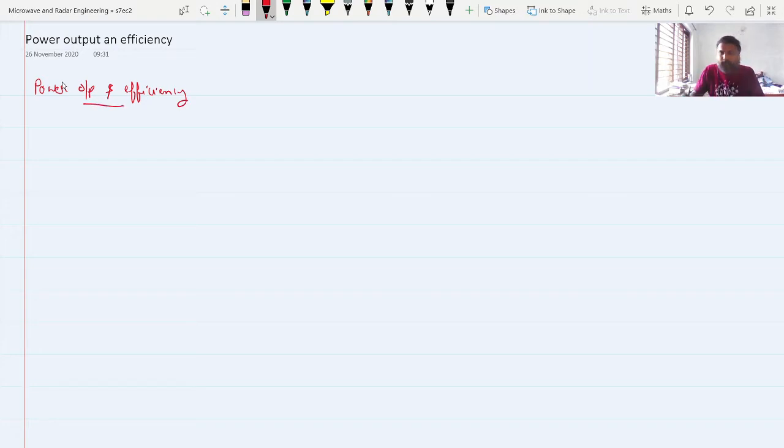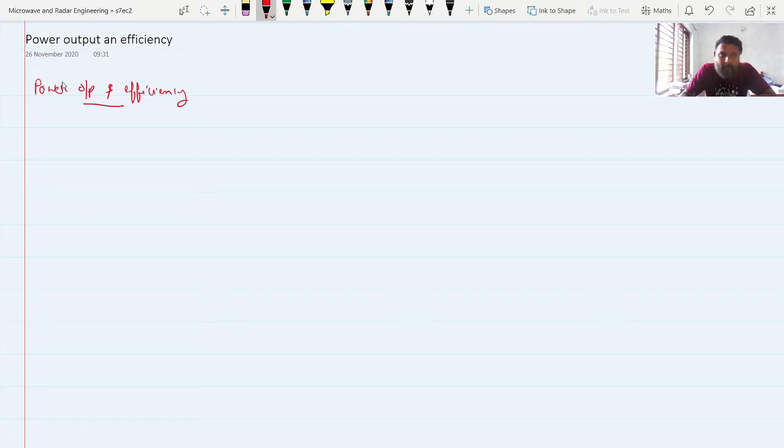Normally the efficiency and the output power of a magnetron mainly depend on the resonance structure and the DC power supply that is applied to the magnetron oscillator. Resonance structure means, as I told you, you have 8 cavities in the magnetron oscillator.